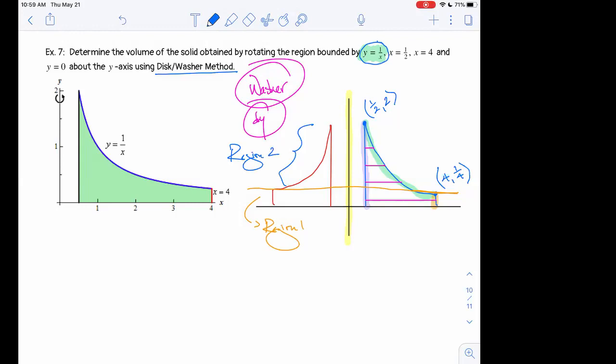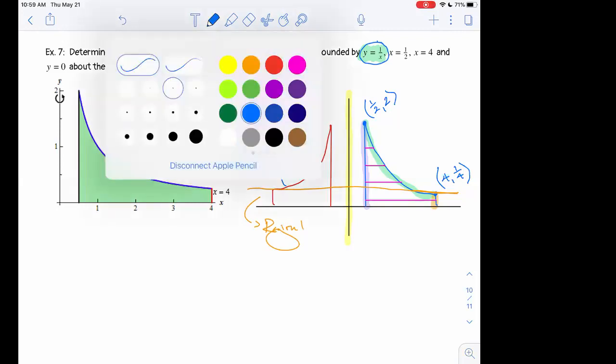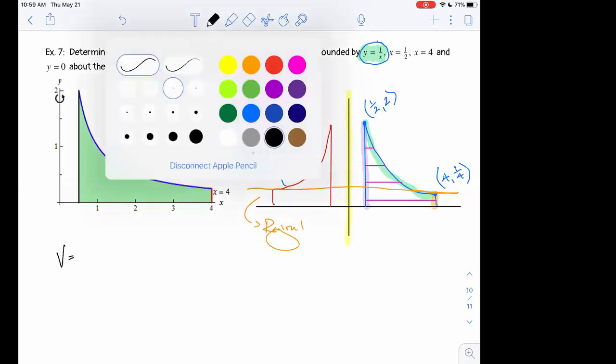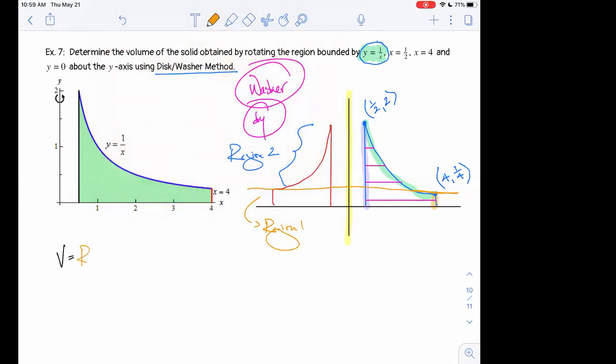Okay. So our volume altogether is going to be the volume we get from region 1 plus the volume that we get from region 2.